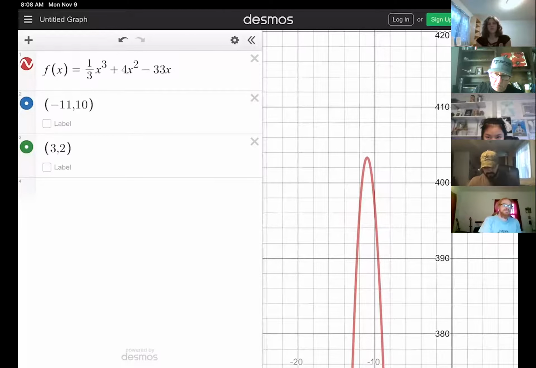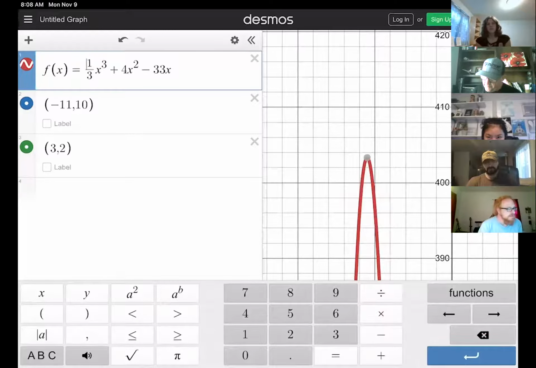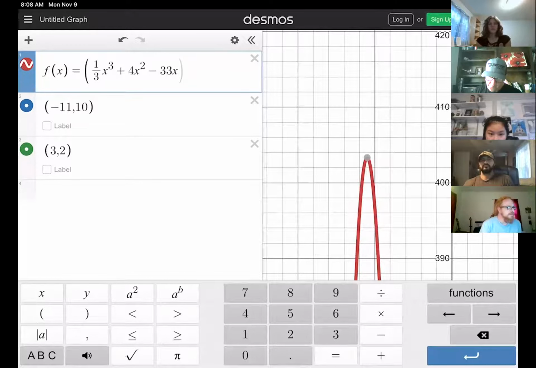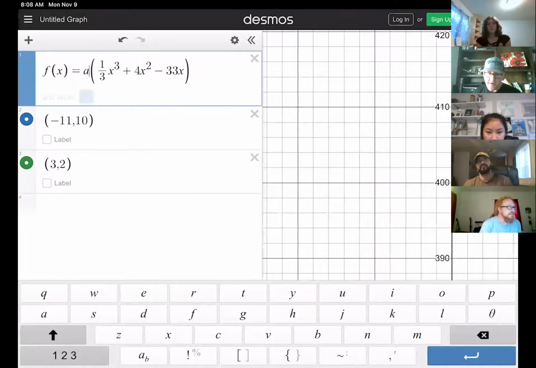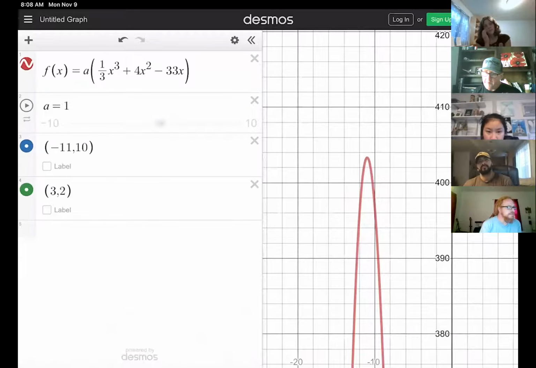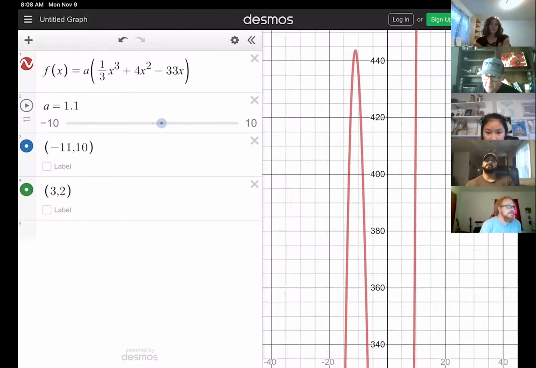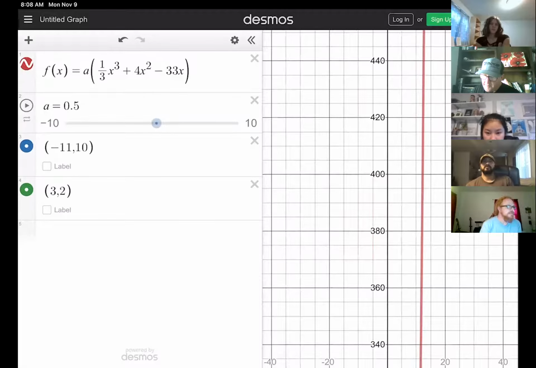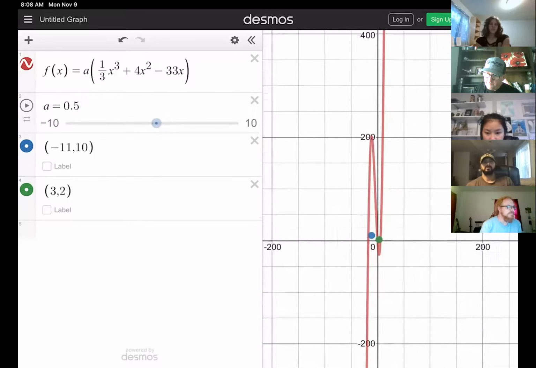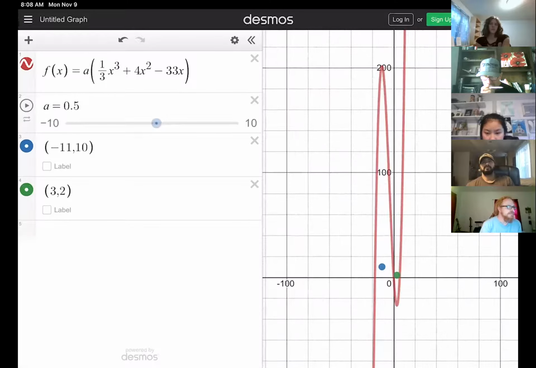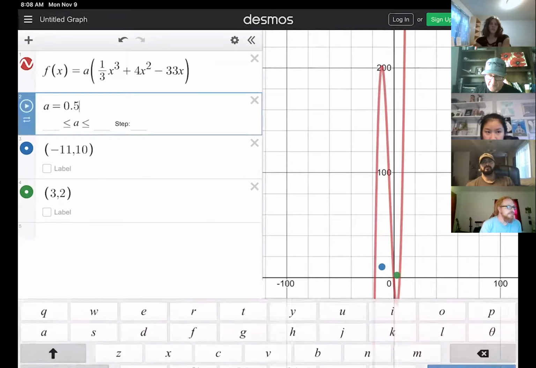I also left you with this hint before we even left class. I told you, if you took this expression right here and you multiplied it by something that does not screw up your slope, that slope still has a 0 at -11. But maybe you understand that multiplying by something changes its steepness.